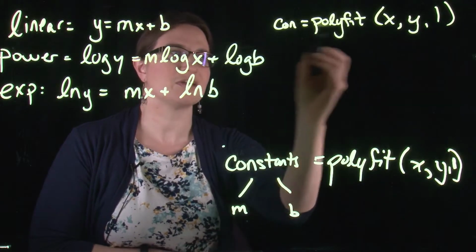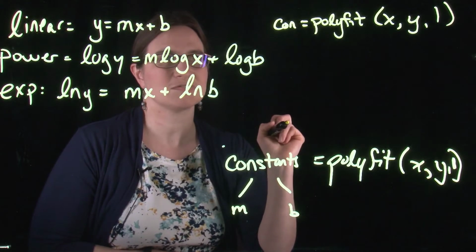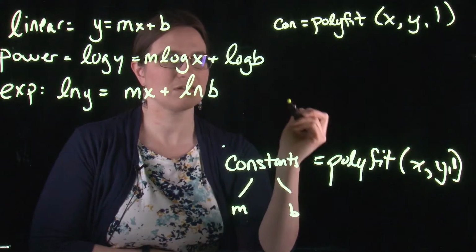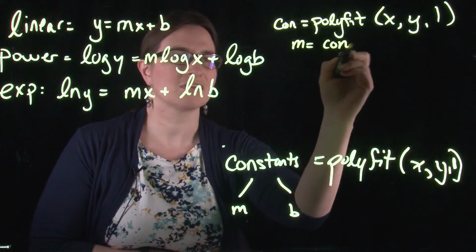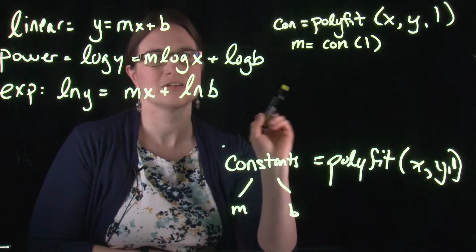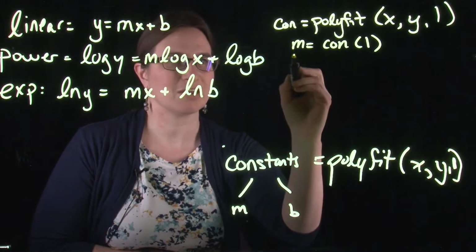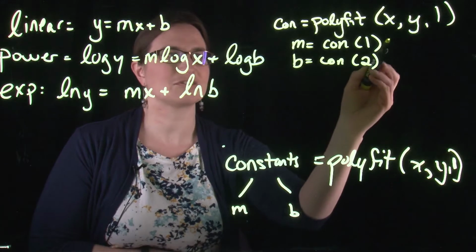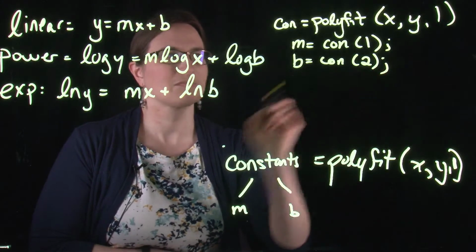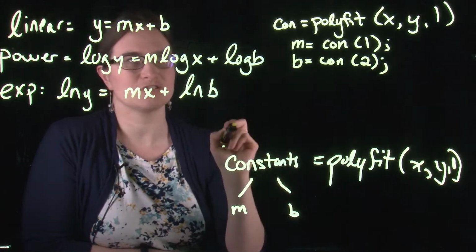Okay, so if we want to extract those values from this vector, we have m is the first position in the vector, and our b value is the second position in that vector. Okay, so this is for a linear function.